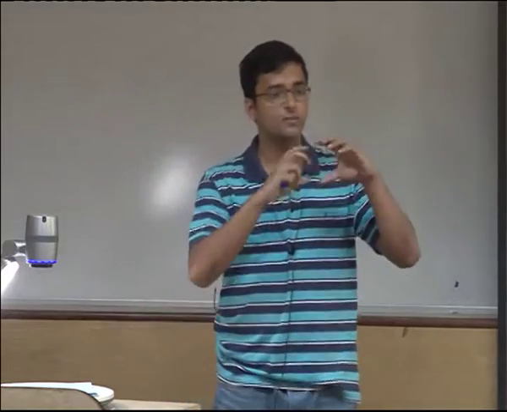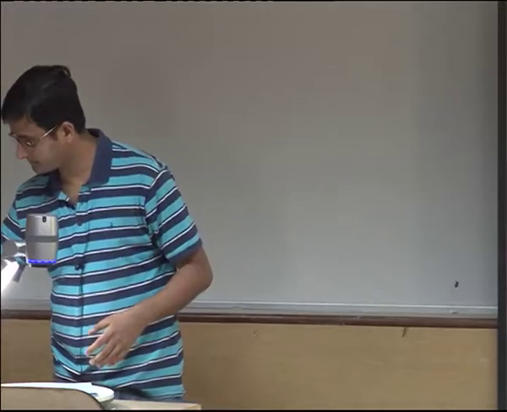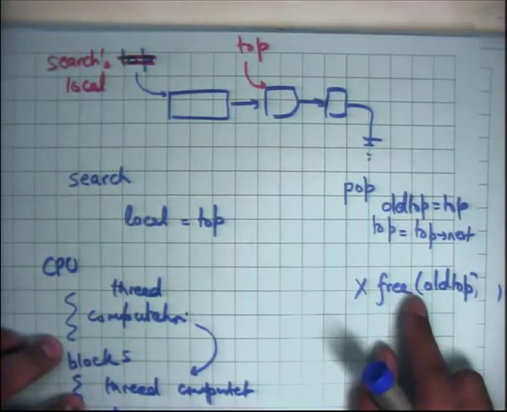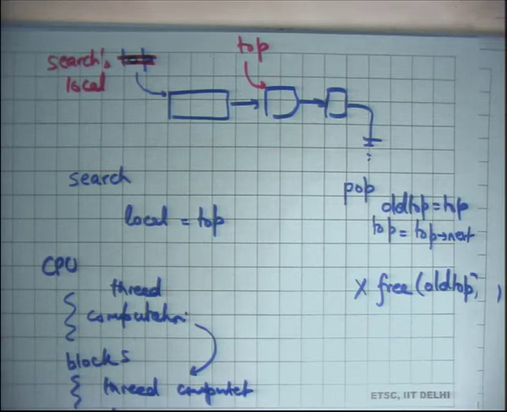I can say that if there's a push or a pop, I do this atomic update, right? And I wait to free the location till there is a context switch on all the other CPUs.